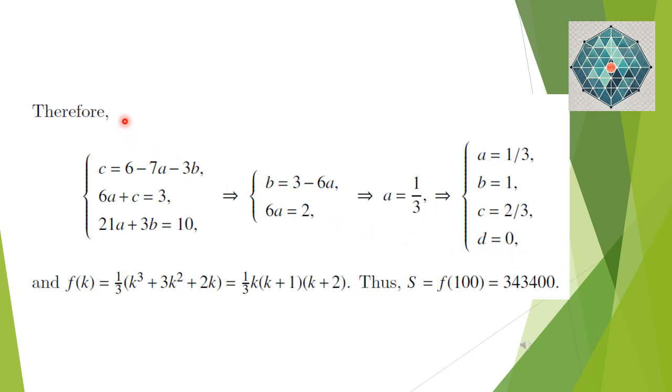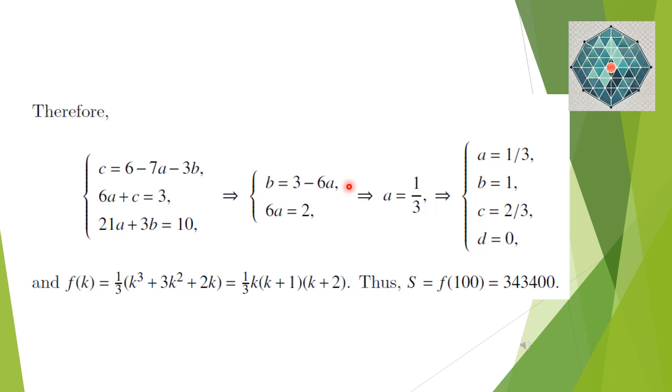Solving this system step by step. From the second equation, c equals 6 minus 7 a minus 3b. Substitute into the third equation, 6 a plus c equals 3. This gives us 6 a plus 6 minus 7 a minus 3b equals 3. Rewriting, we find 7 a plus 3b equals 3.